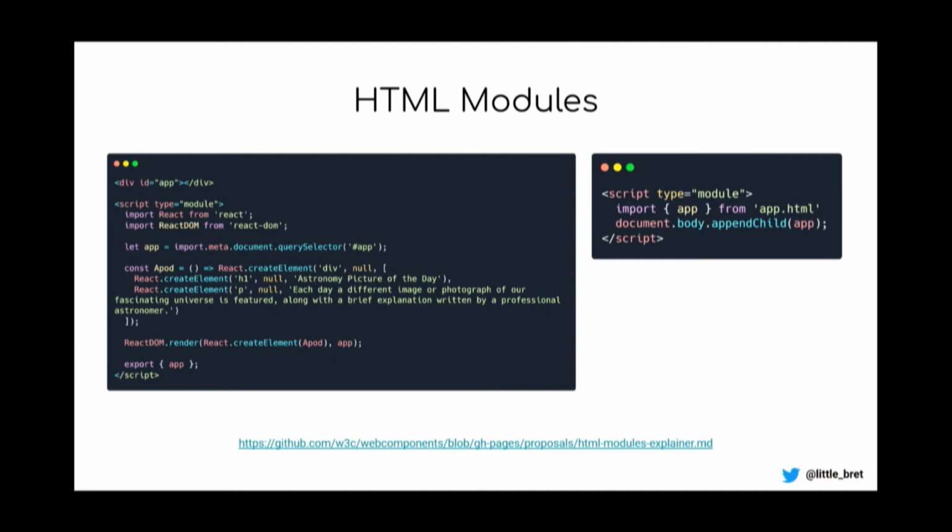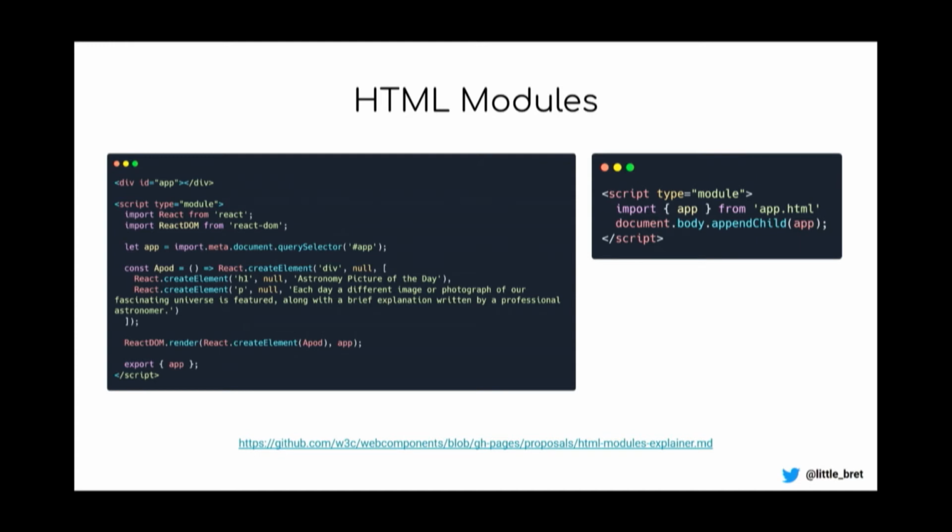But then after that, I can query out of the local HTML the actual ID of the element above that's scoped to this HTML file. And then below, I can manually call React.createElement because I'm not putting JSX inside here. And then eventually ReactDOM.render inside our local HTML file.